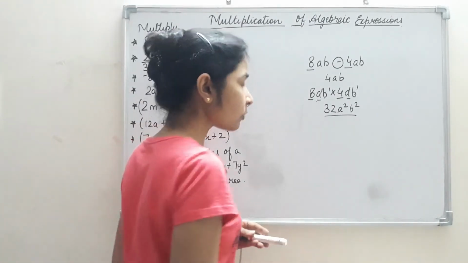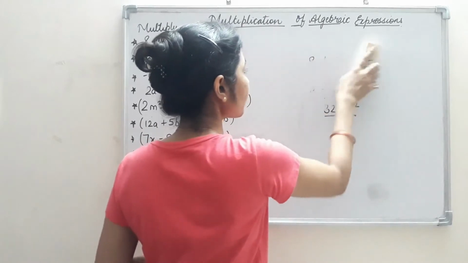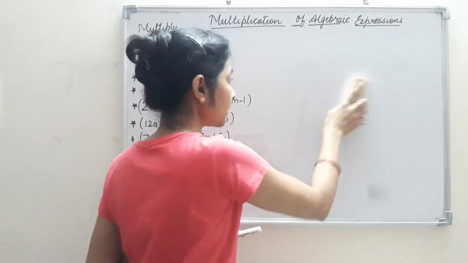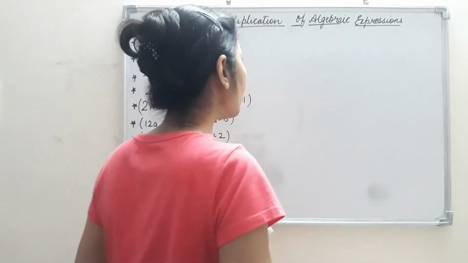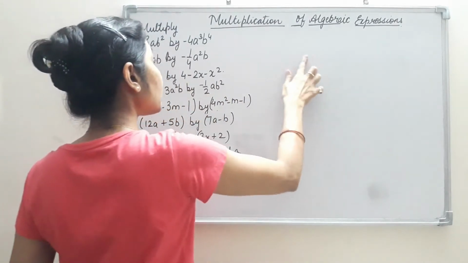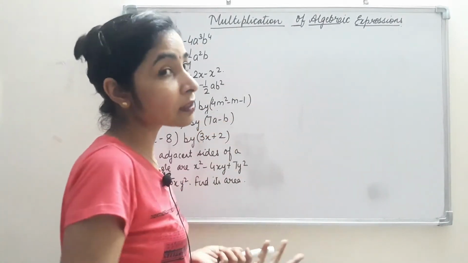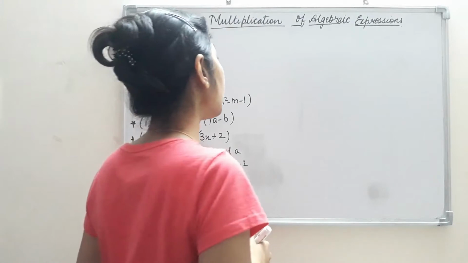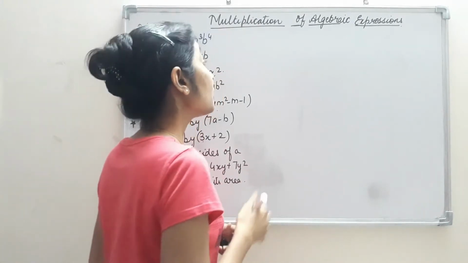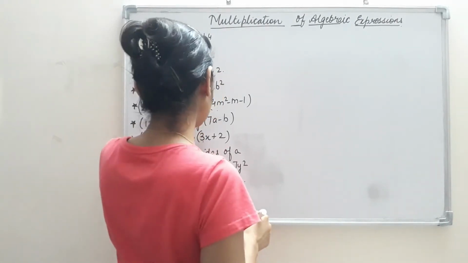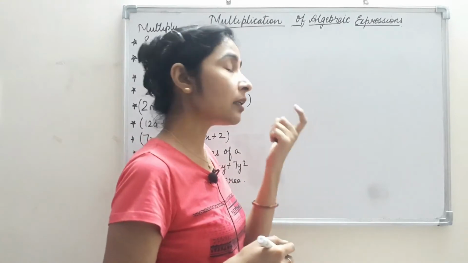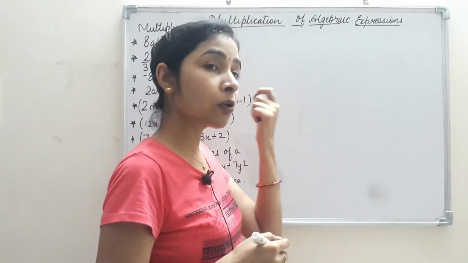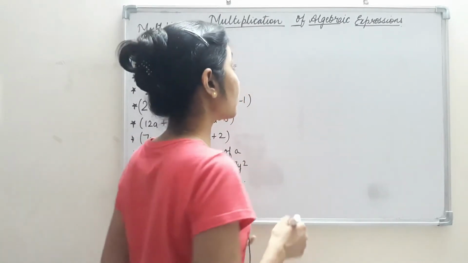Now let's have a quick revision of the laws of exponents which will be useful here. In case of multiplication, when we have variables with exponents, we'll definitely need the exponents. We are doing the multiplication only here, so we'll go through the law that is related to multiplication only.